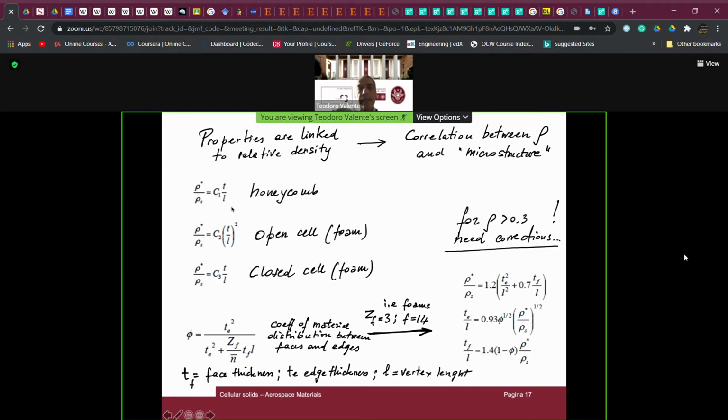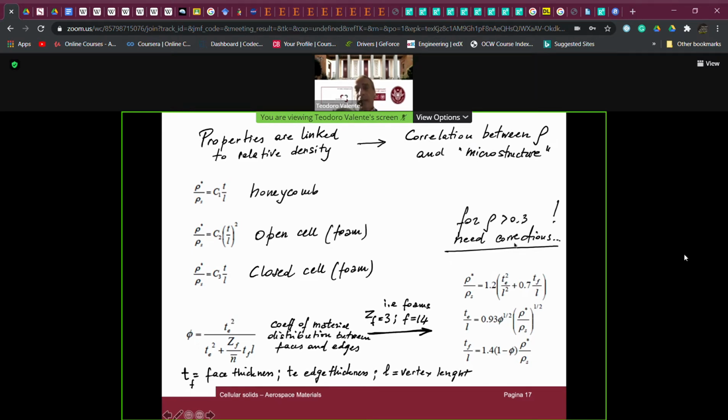Having said that, and without making too many demonstrations, we can define some basic relationships for one of the most important parameters for the cellular solid, which is the ratio between the real density and the density of the corresponding bulk material, which have these expressions, as seen on this slide, only in the case we have a ratio which is lower than 0.3.